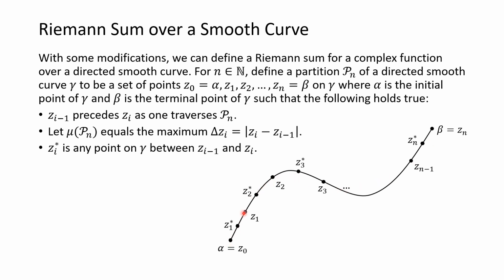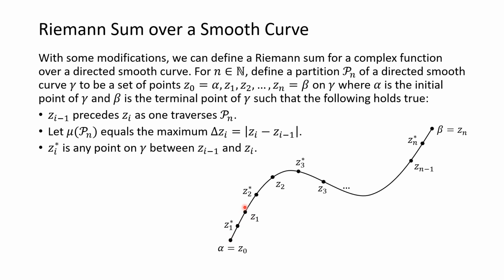You see here we've divided this smooth curve up into z0 to z1, z1 to z2, z2 to z3, all the way to the interval just before the last one. Within each interval, we pick a point. It doesn't matter where it is, as long as it's in the interval. This is the z sub i stars, and you see there's one for each interval.